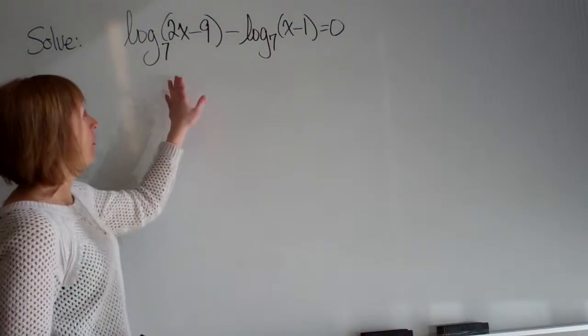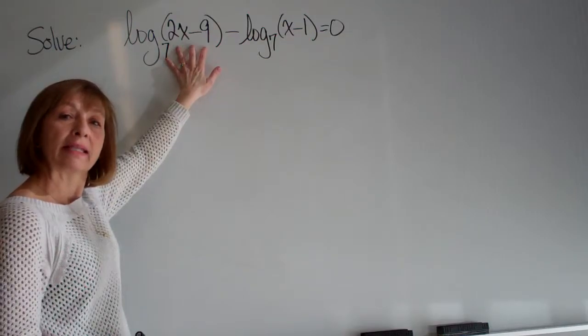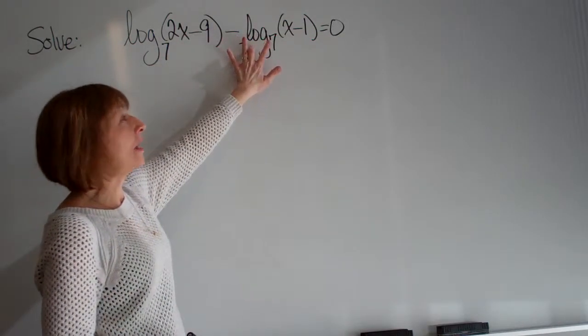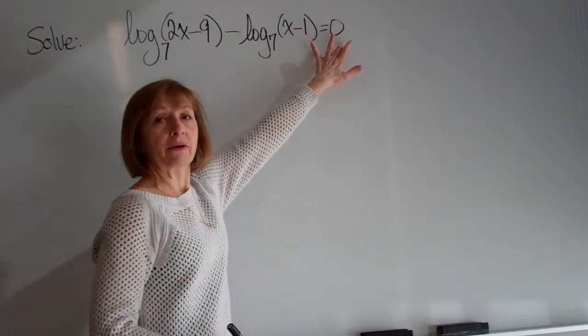In this example, we have the logarithm base 7 of the variable quantity 2x minus 9, minus the logarithm base 7 of the quantity x minus 1, is equal to 0.